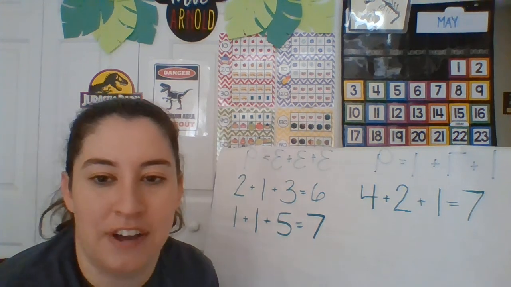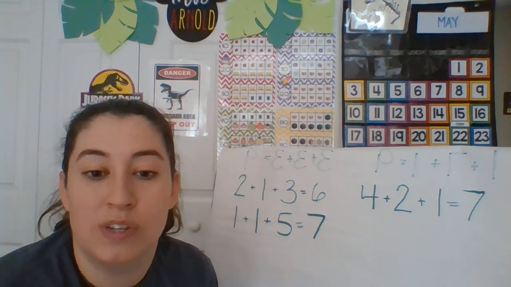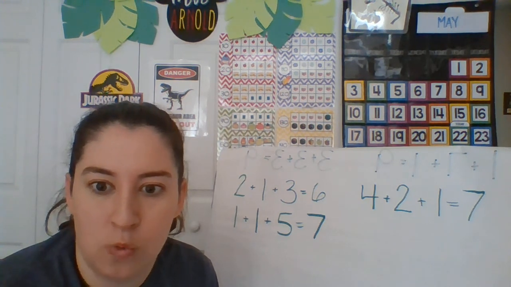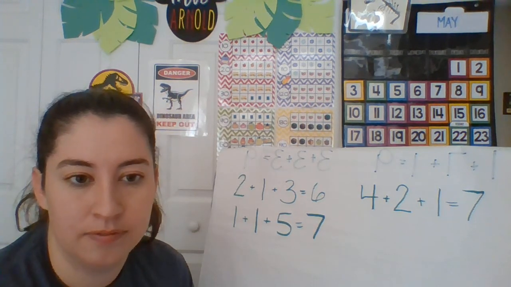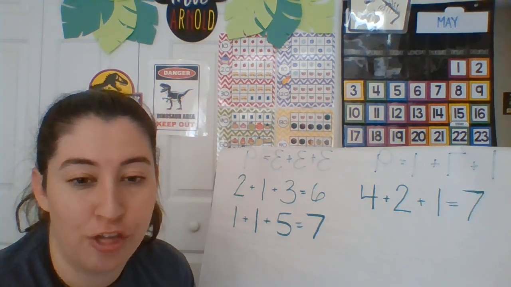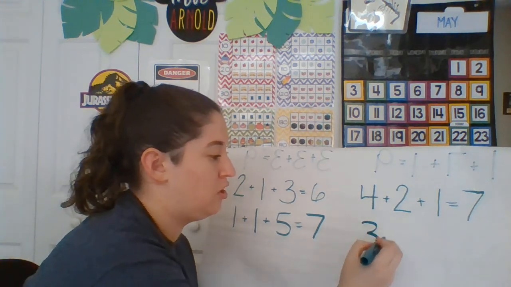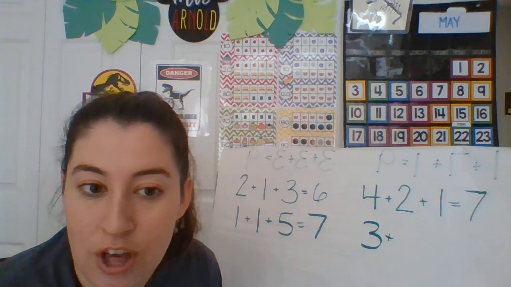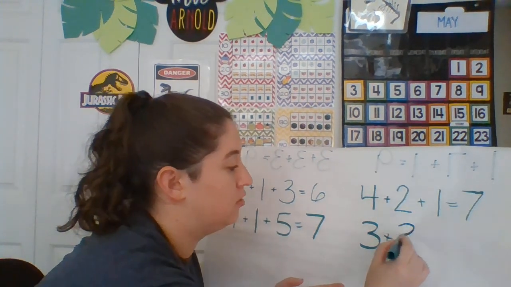Okay, here's our very last problem. Mrs. Arnold went to school, and playing on the playground were some dinosaurs. She saw 3 brachiosauruses. She saw 3 triceratops.